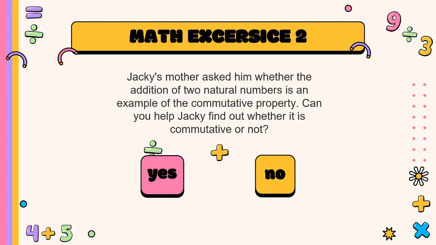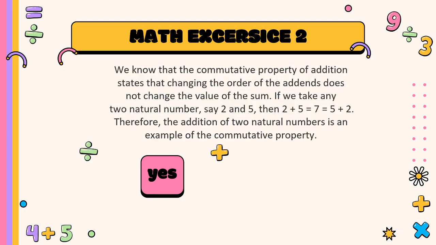If we take any two natural numbers, say 2 and 5, then 2 plus 5 equals 7 equals 5 plus 2. Therefore, the addition of two natural numbers is an example of the commutative property. So, the answer is yes, it is an example.